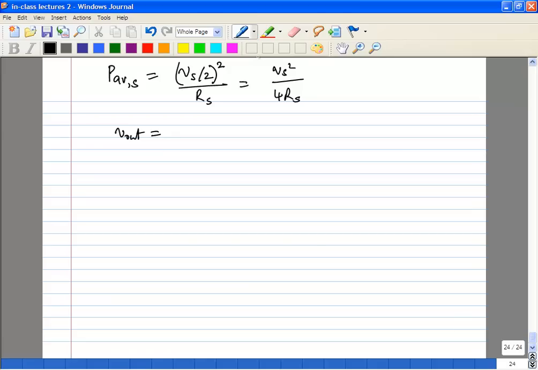What is the numerator? To find the numerator, we need to find Vout, then do Vout squared over RL. What is Vout? It's Vin times the unloaded voltage gain of the two-port, which is AV, or AV1 in this case.